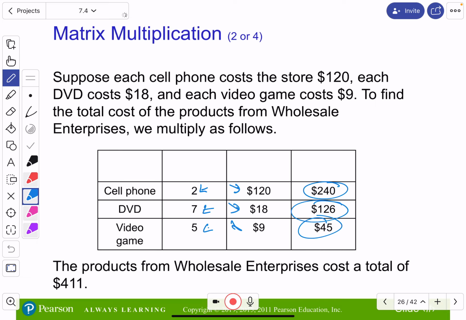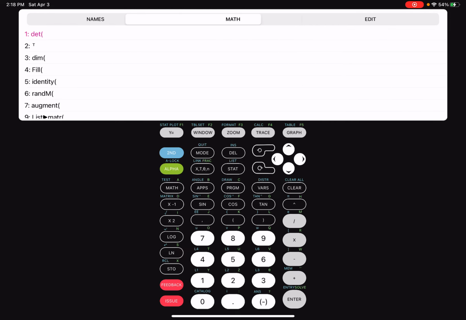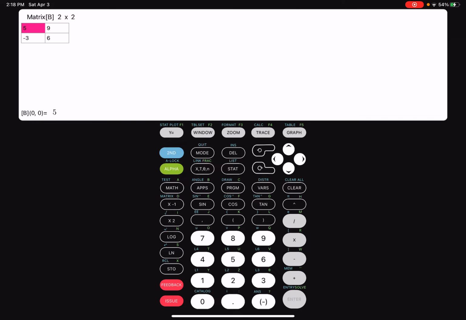So if cell phones are first, the cell phone price has to be first in our other matrix. So it's a 3 by 1, 120, 18, 9. So let's do matrix B. 3 by 1, 120, 18, 9.